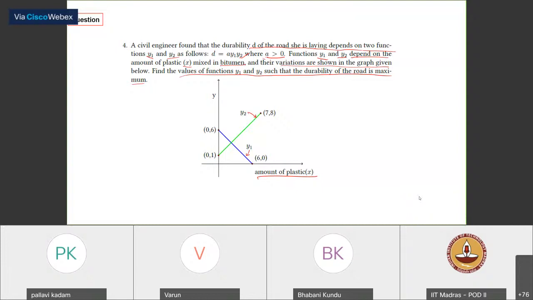So this question can be given in various contexts, right? So the durability is fine. Then this can be given in, say, suppose we are putting some fertilizer in a field, and how does that impact the crop rate that we can calculate?